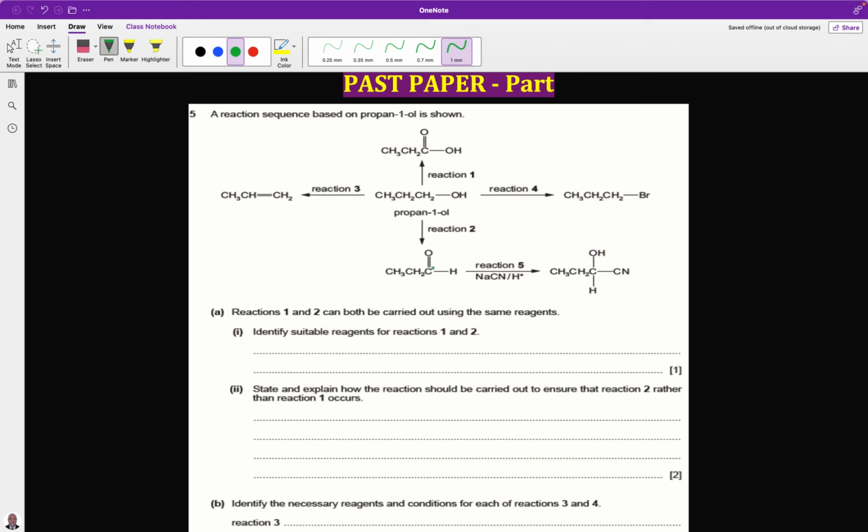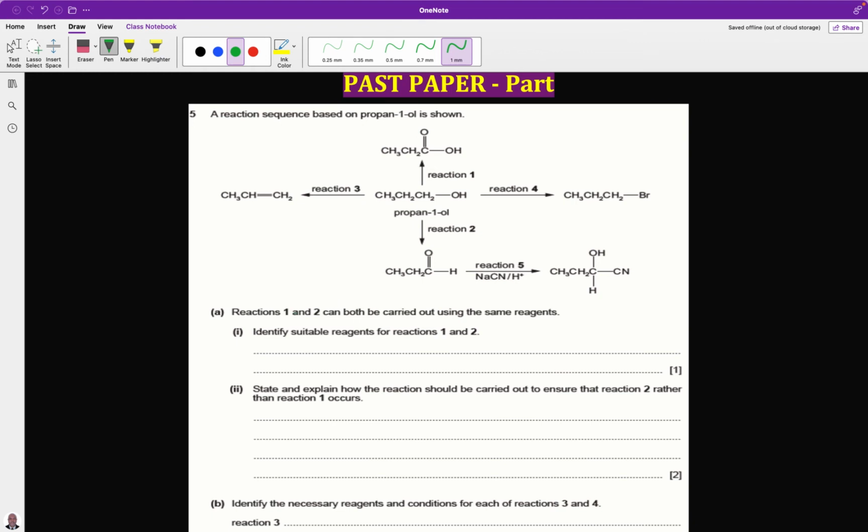It is not complete oxidation; it is oxidation of propan-1-ol to propanal. The oxidation is not complete. Then there is nucleophilic addition to form the cyanide, the hydroxynitrile.